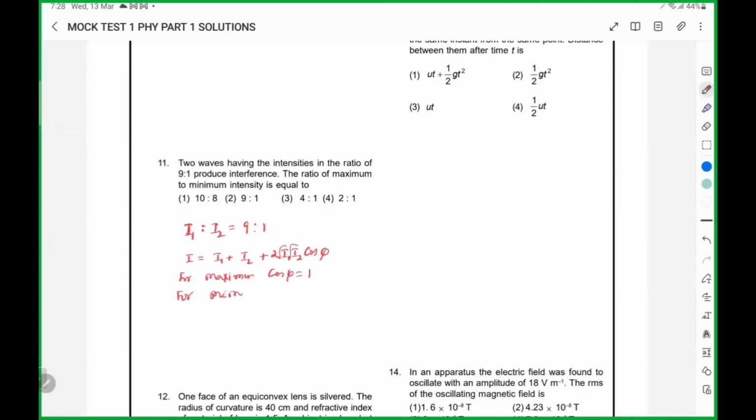For minimum, cos phi is minus 1. So I maximum will be root I1 plus root I2 whole square. I minimum will be root I1 minus root I2 whole square. So I maximum by I minimum, root I1 is root 9, so root 9 plus 1 whole square over root 9 minus 1 whole square, that is 16 by 4.